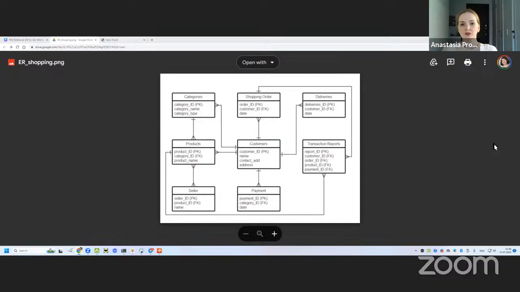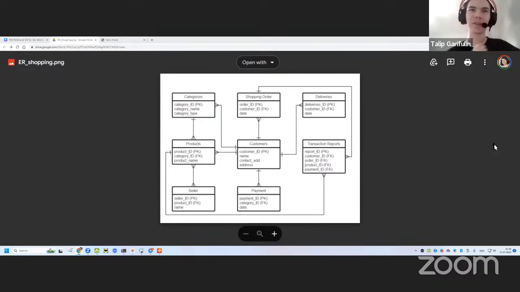Customer to order, right? Is it many-to-many? No. Why? Well, one person can have a lot of orders. Okay, so it's one-to-many. But one order cannot belong to many different customers. Yes, this is one-to-many.